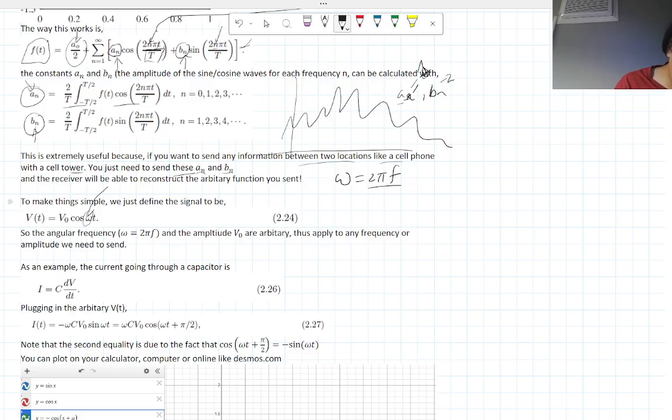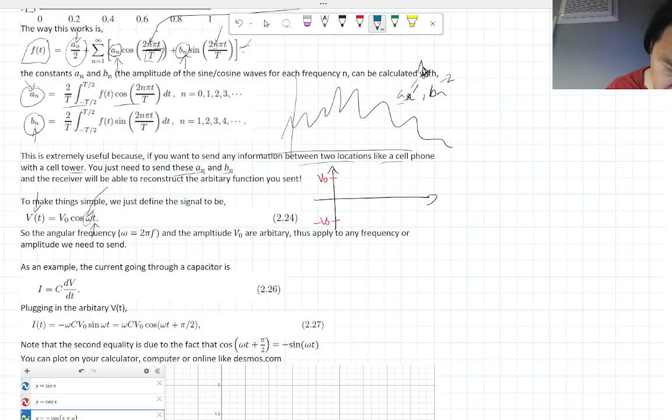So in this case, the voltage that we're sending is going to be a function of time. Let's draw this up right now. It has some amplitude V0, so it oscillates between positive and negative.